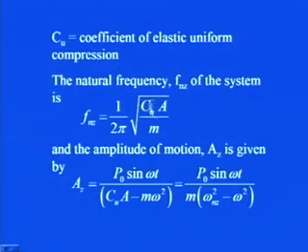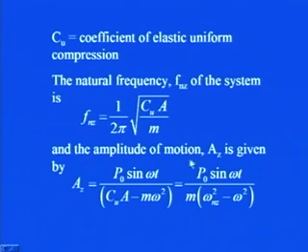We saw earlier that it was 1 by 2 pi square root of k by m, and here k is equal to kz, and that is equal to Cu into A. So, I am simply replacing that expression, and the natural frequency in that case will become 1 by 2 pi square root of Cu A by m.